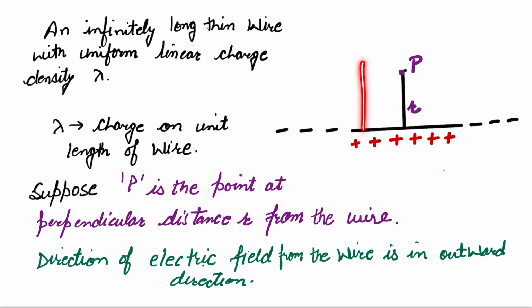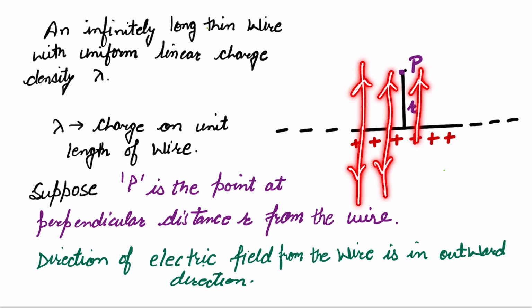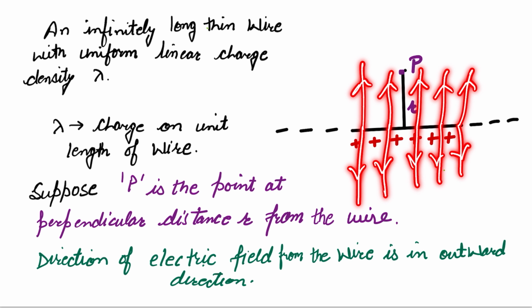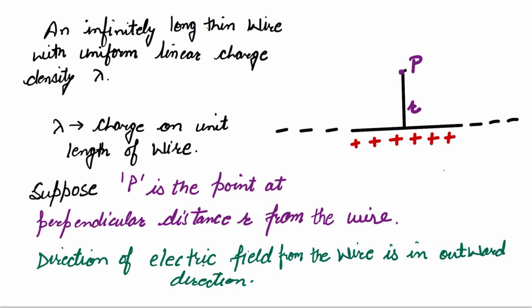So the electric field produced due to this wire will be uniform, as the wire is uniformly charged. So it can be represented as equally spaced lines moving in the outward direction. So this will be the direction of the electric field. The direction of the electric field from the wire is outward.